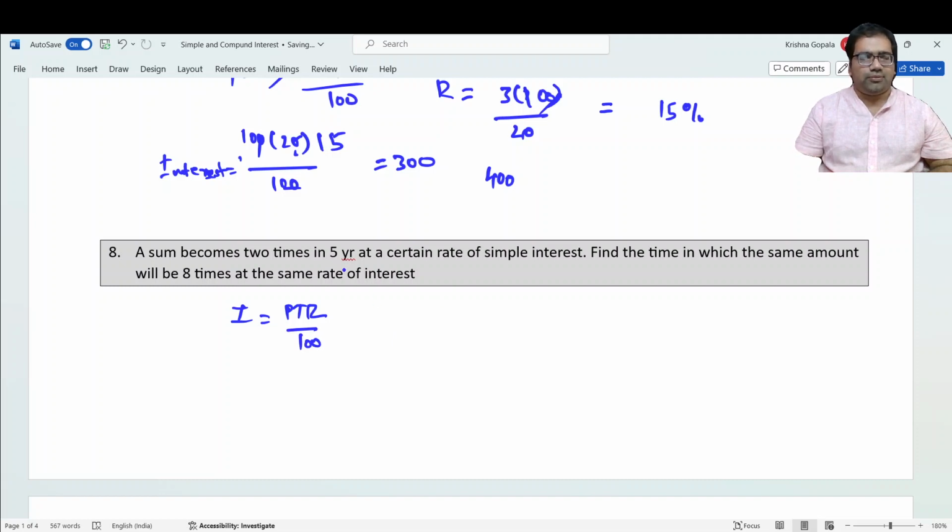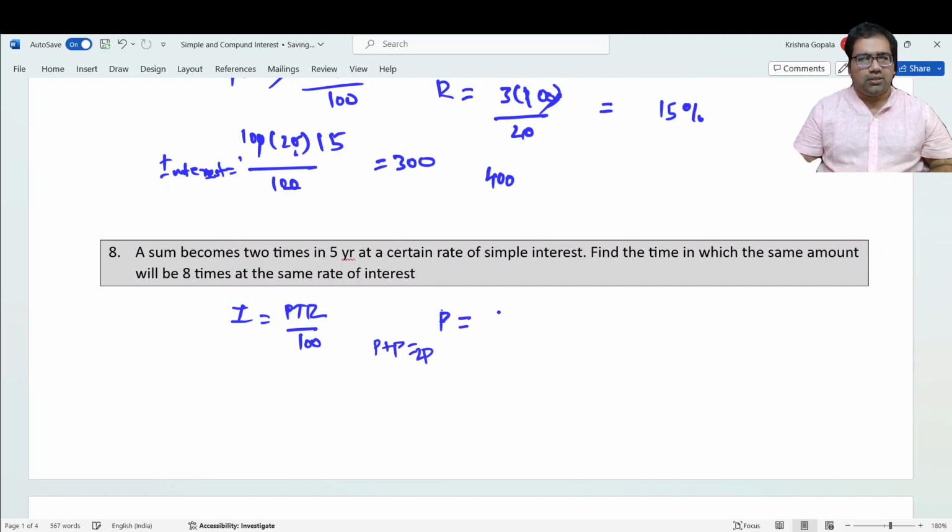That means in 5 years, what is the interest that is added? It becomes 2 times, so 1P got added, right? So P plus P becomes 2P, right?